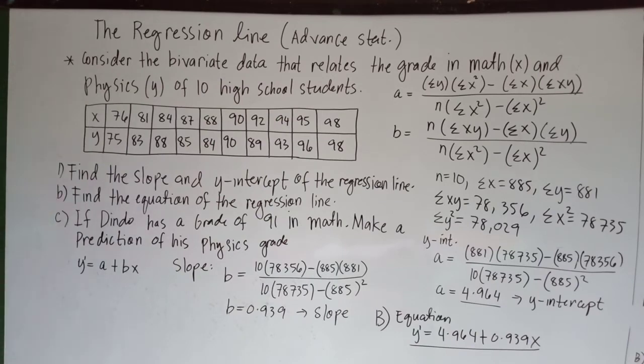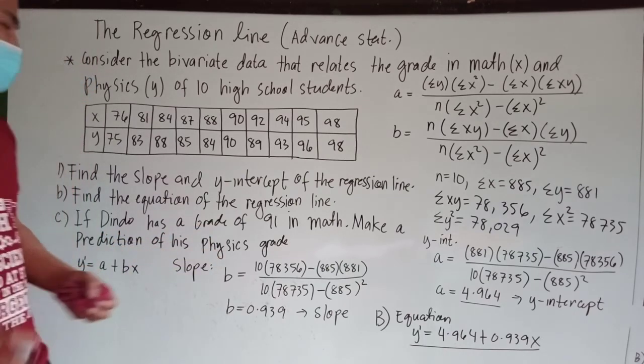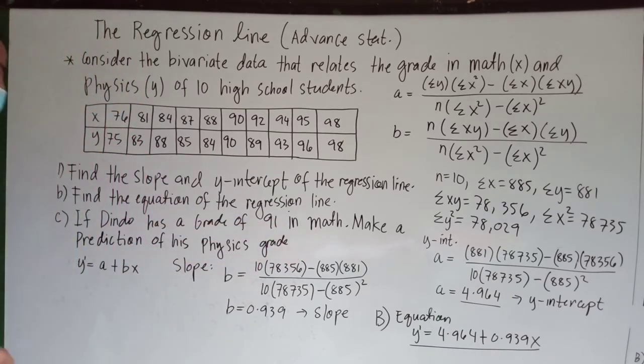Letter C, we want to predict the grade of Bindo in physics, considering that his grade in math is 91. We can easily identify it by using the equation in letter B. So for letter C, x is equal to 91.